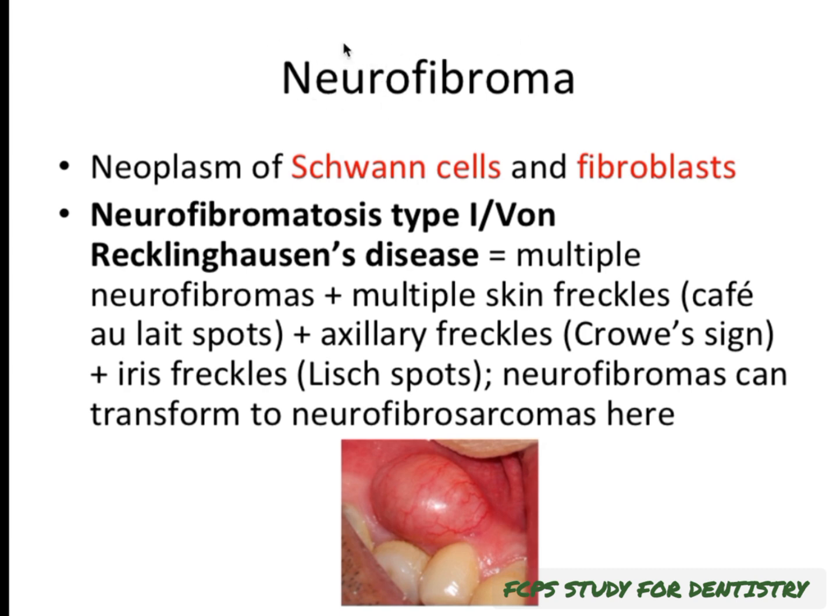And we have yet another syndrome, neurofibromatosis type 1, also called von Recklinghausen's disease. So a lot of long names here, but hopefully it's all kind of sinking in just a little bit. This syndrome involves multiple neurofibromas plus multiple skin freckles called cafe au lait spots, and axillary freckles, so in the armpit would be the Crowe sign, plus iris freckles of the eye, or Lisch nodules.